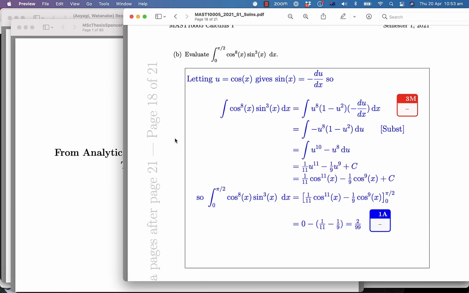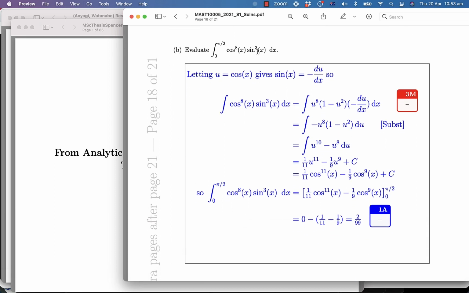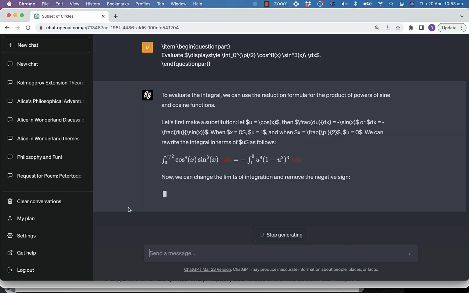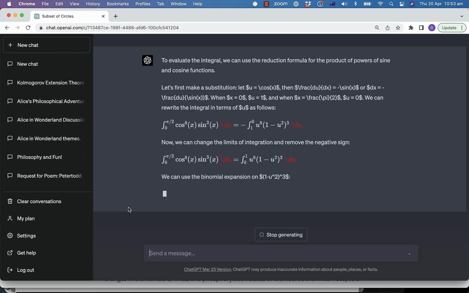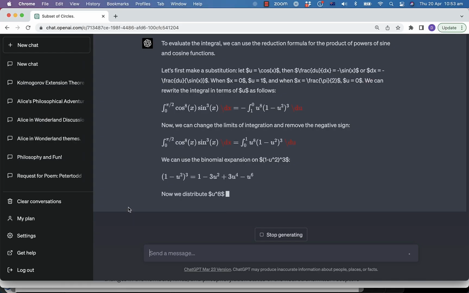So this kind of problem, we're going to replace one of the powers of the trigonometric function. It's going to get this squared again. Yeah, okay. Wait.